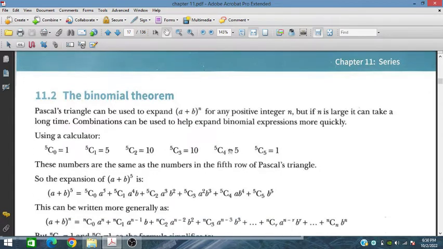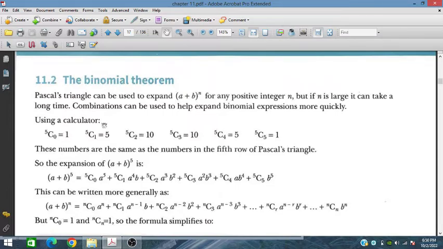In 11.2 we actually have the binomial theorem, where we can write down the coefficients of each Pascal value in terms of nCr. So this is n, this is C, and this is r. For the first term we have 5C0 for A plus B whole power 5.